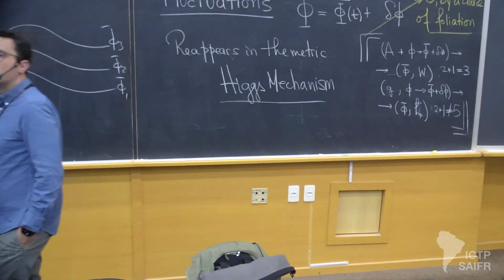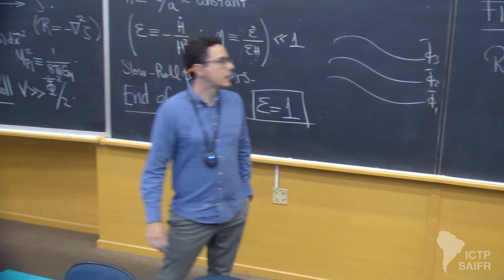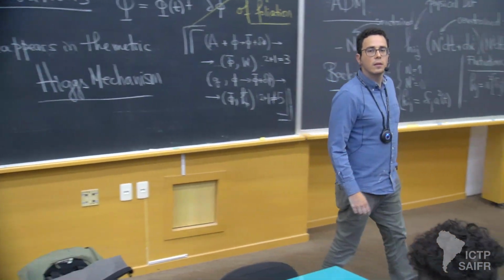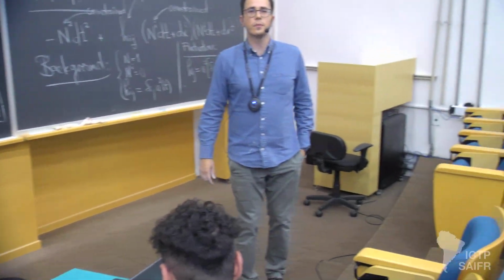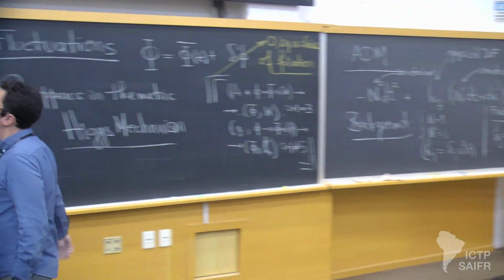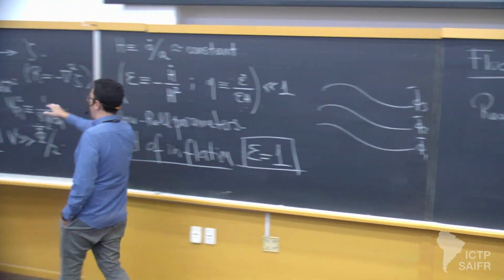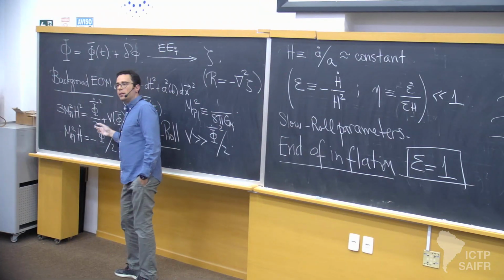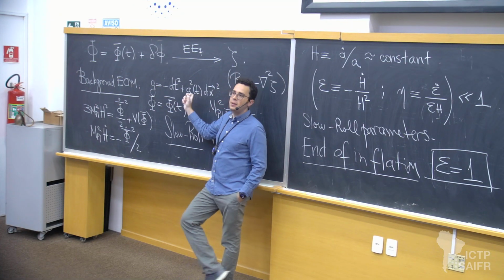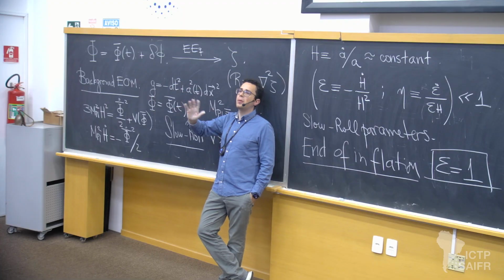Does the scale factor have another solution? Before that you have a scale factor proportional to the exponential of the Hubble function. Given V of phi, the scale factor is going to have some complicated solution. The whole point is that in this slow-roll approximation, a of t being exponential is a very good approximation.